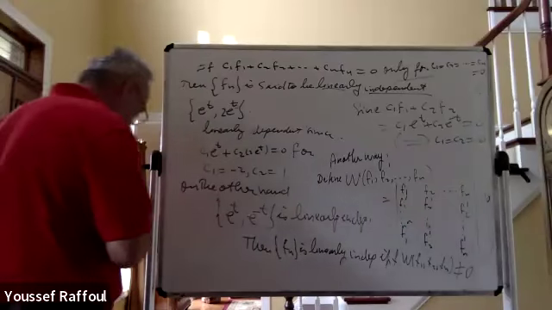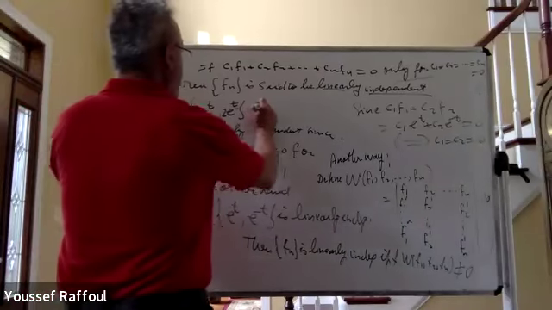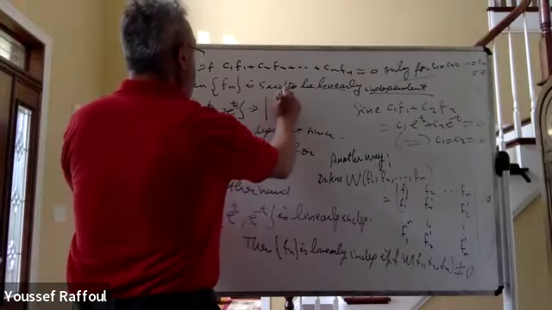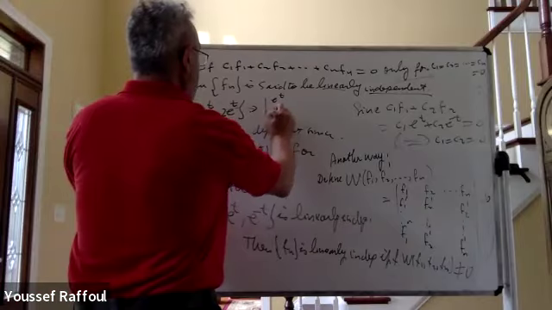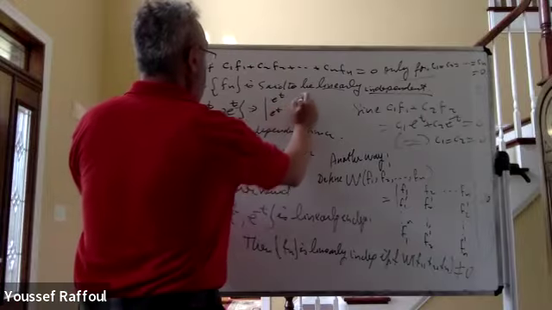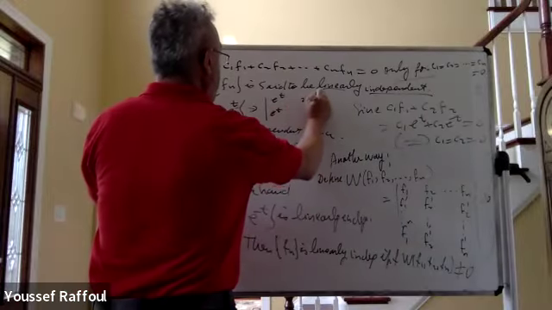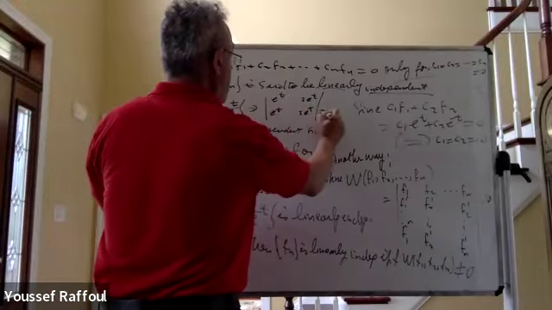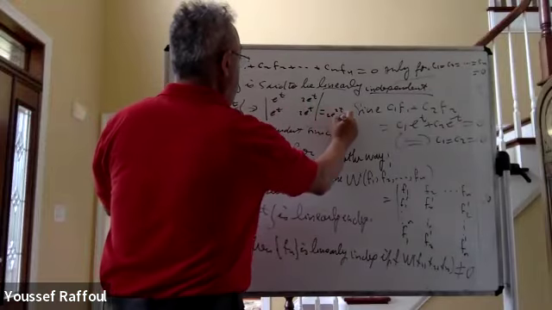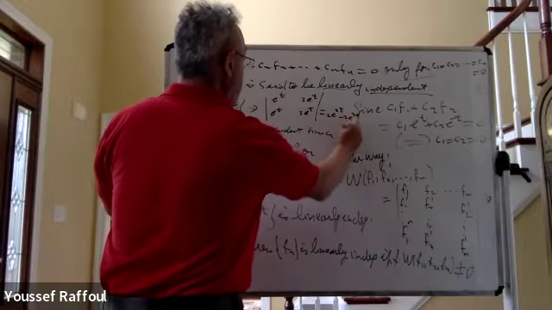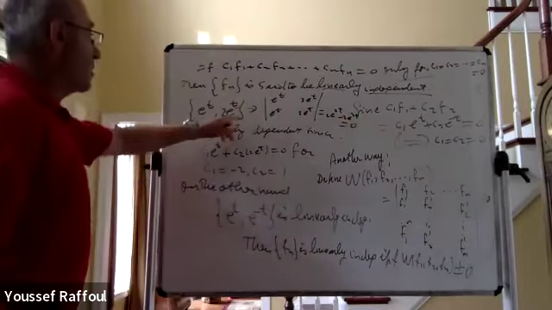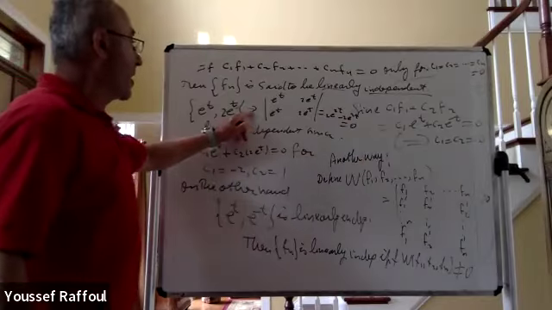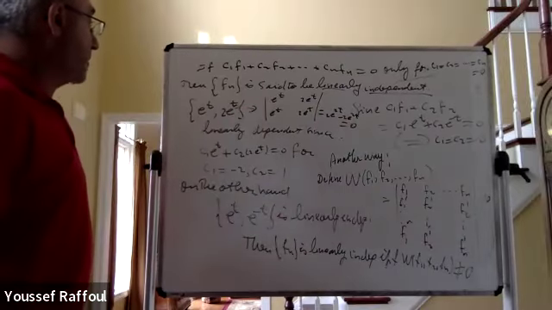For example, if you take this one, you get e to the t, 2e to the t, e to the t, 2e to the t, and that is 2e to the 2t minus 2e to the 2t equals 0. So you see, we know that this is linearly dependent.